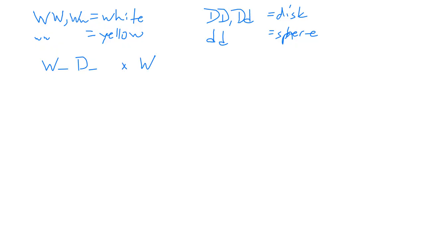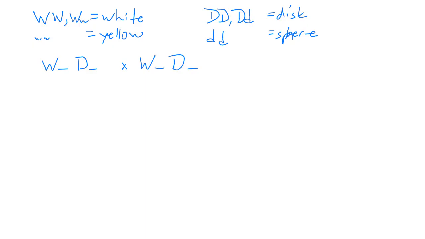And we're crossing two of these individuals. I'm writing it like this because all we know is that they are white color and disc-shaped. We know that white is dominant, so if you have a big W allele, then the squash will be white. With disc shape, disc is dominant to sphere. And since it's a white disc, we know it has at least a big D allele. We don't know what the other alleles are yet, right? Because all we know is it's a white disc.